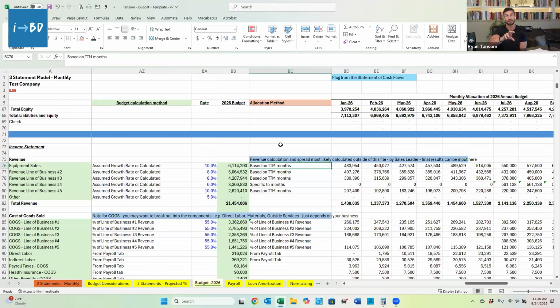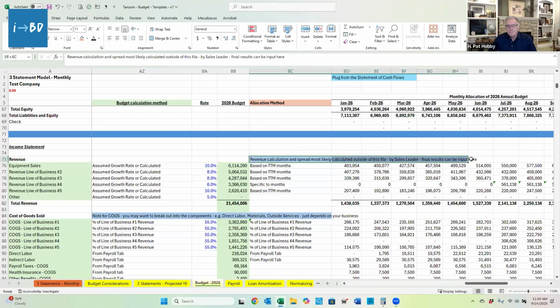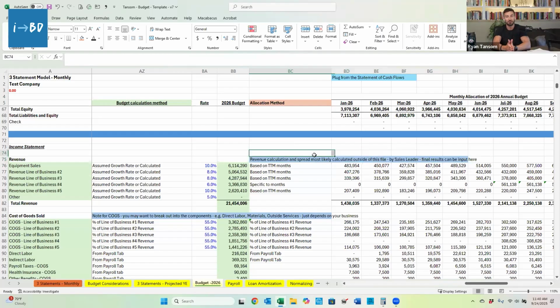I think the Kim Clark episode will really highlight why this is so important. Even though we're looking at a budgeting file that will be locked in and put into the ongoing statement, the budgeting for sales and revenue should have its own exercise that's built up to make sure that we feel good about the revenue. Because if we're trying to predict cash in the middle of June or the end of next year, everything starts with revenue.